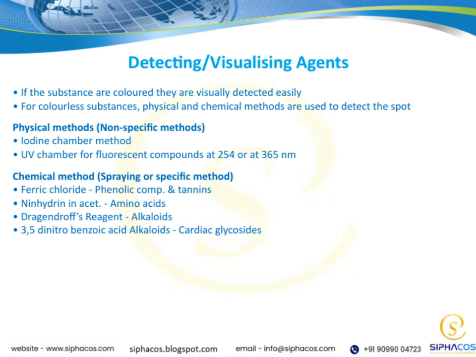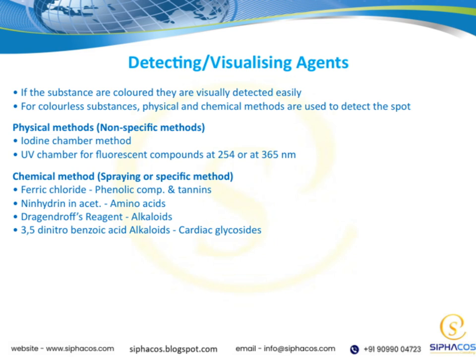On the chemical side, we have more specific detection techniques, usually involving spraying reagents onto the substance. For instance, ferric chloride is used to identify phenolic compounds and tannins because they react to produce characteristic colors. Ninhydrin, applied in acetone, is excellent for detecting amino acids as it produces a purple or blue color when they are present. Then there's Dragendorff's reagent, which is used specifically for alkaloids.